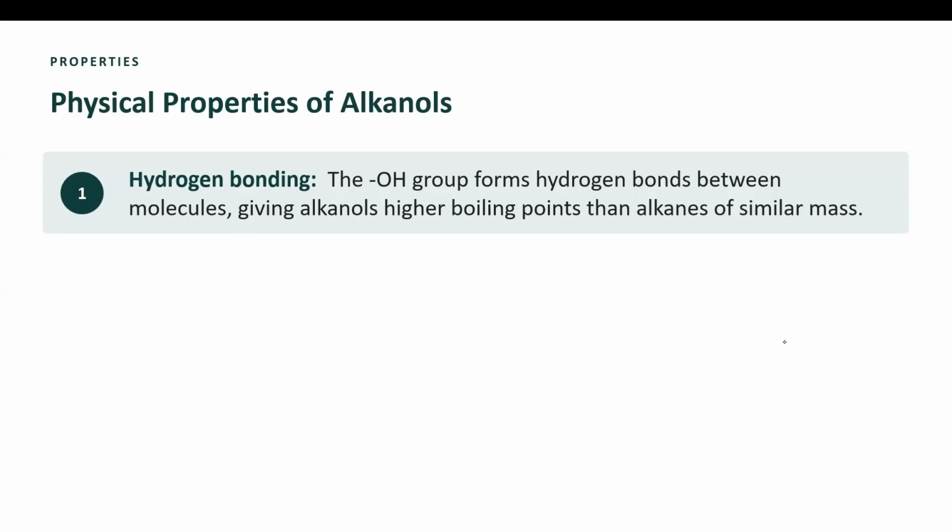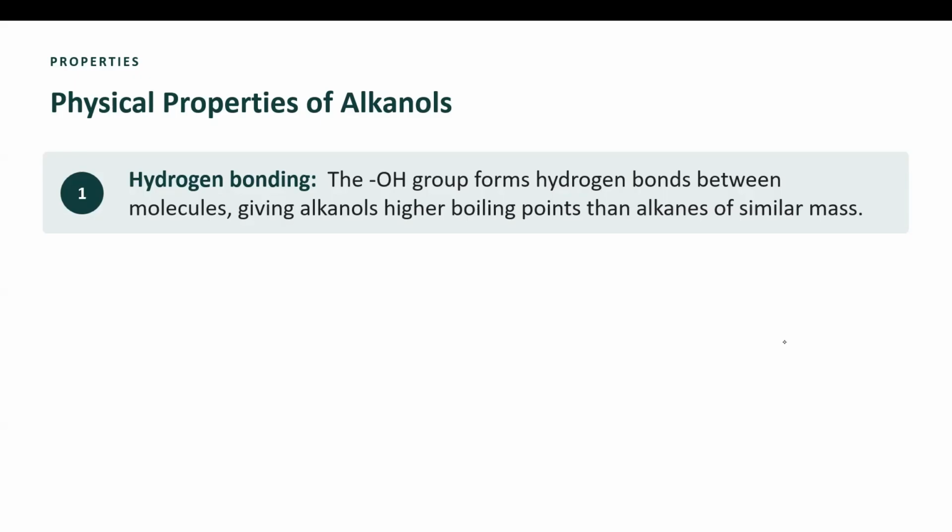For example, if you look at ethanol and ethane, the boiling point of ethane is far below 0 degrees centigrade. But the boiling point of ethanol is in the neighborhood of 75 degrees centigrade. You see that the gap is very large.